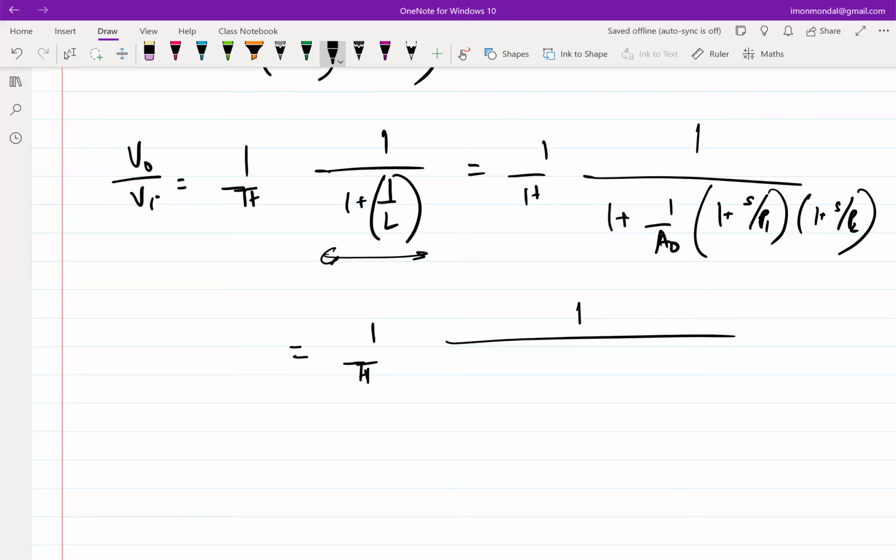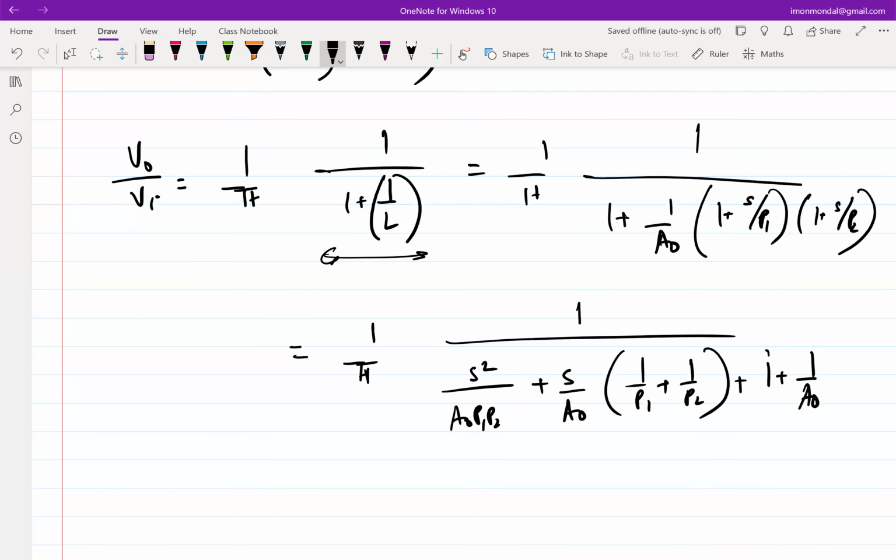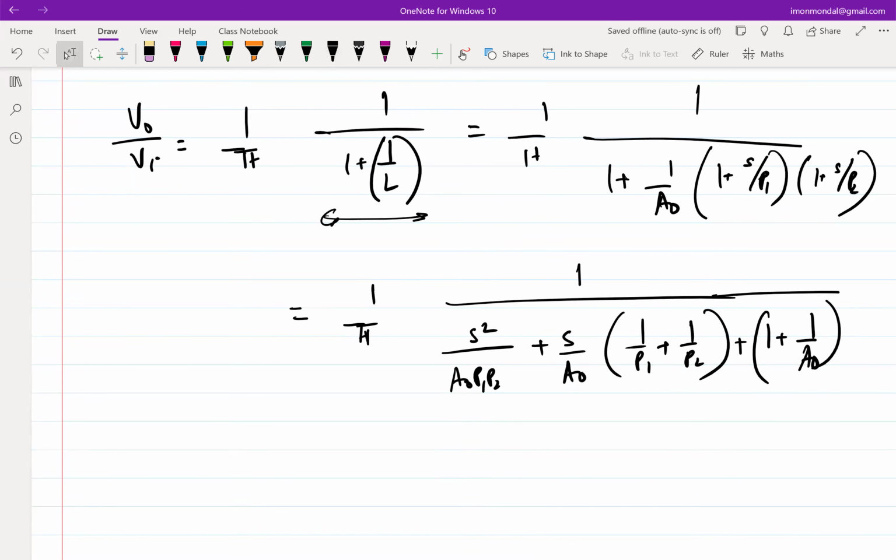If I club them together, I should get S squared by A naught P1 P2 plus S by A naught. Right? So again, at S equal to 0, that is omega equal to 0, we get DC gain.